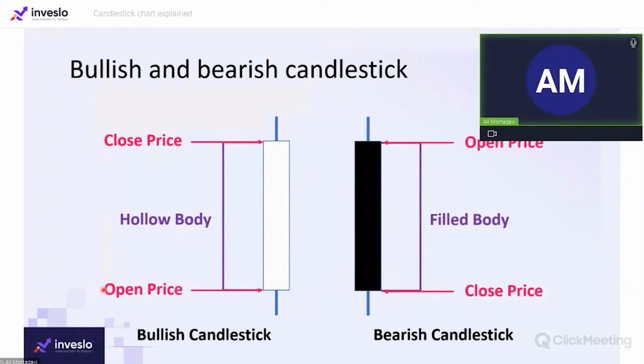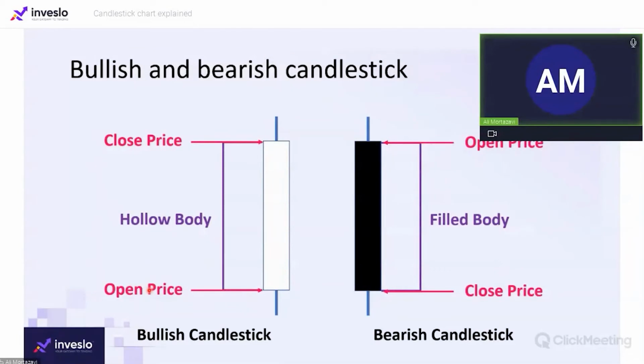I'm totally sure that you have seen the candlesticks come in different colors. Some of them have a hollow body, or empty body, and some of them have a filled body coming in a color. The candlestick is bullish when we see the close price is higher than the open price.